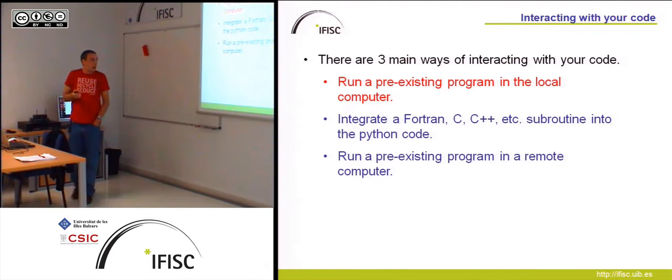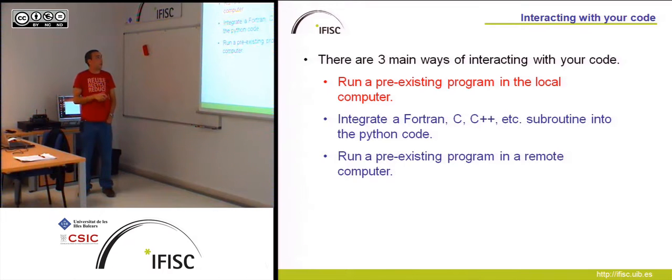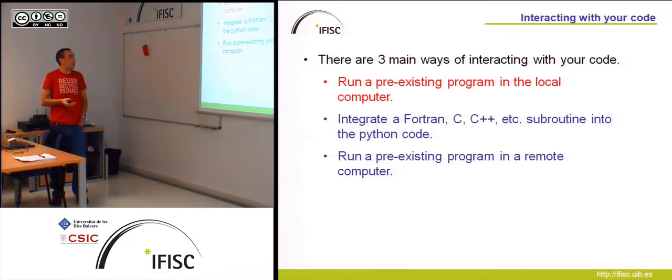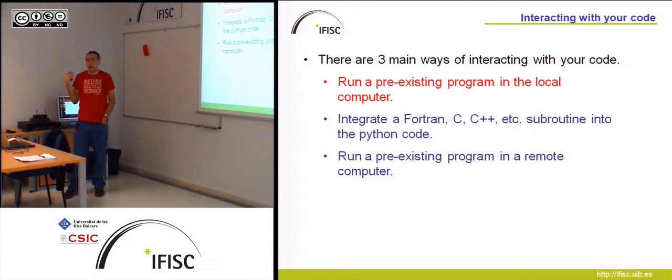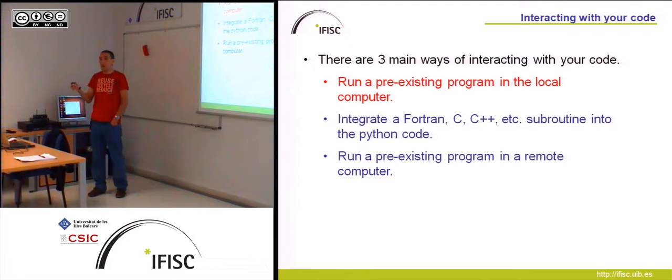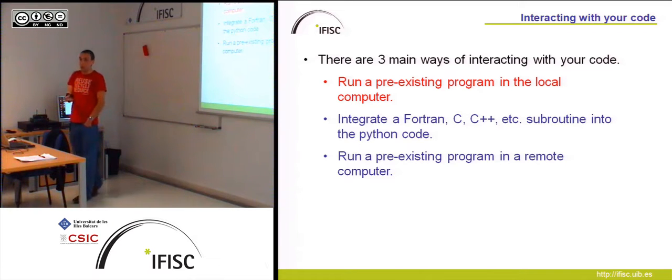So in some sense, this way that I will explain is the easiest one, and probably it's not the most convenient in the way that our cluster is built here. Because if you want to run code in Nureduna in the way I will explain now, you have to run your Python code in Nureduna, which will create a graphical interface and export it with the X Windows system to your local computer.